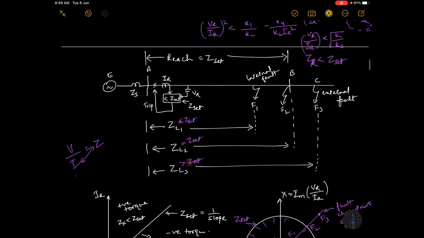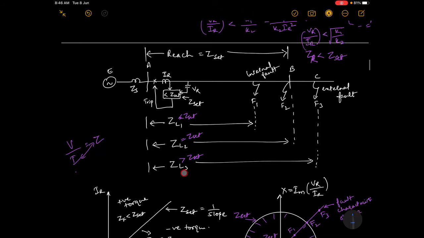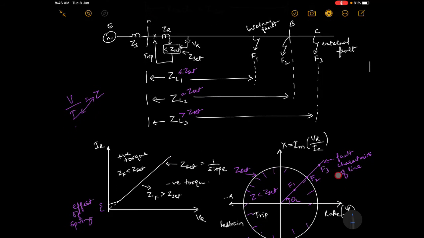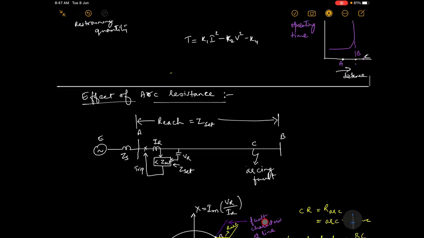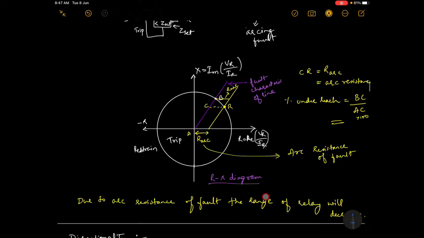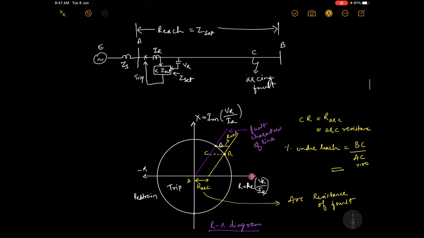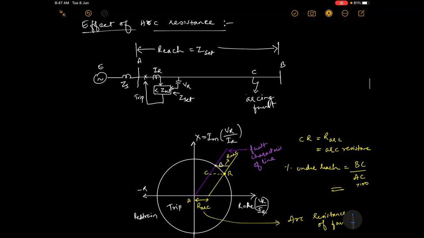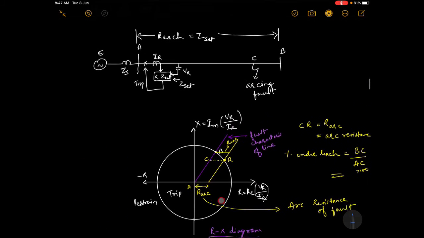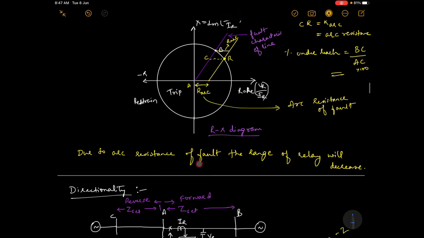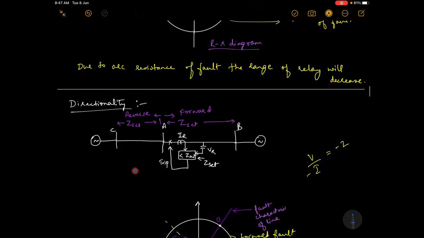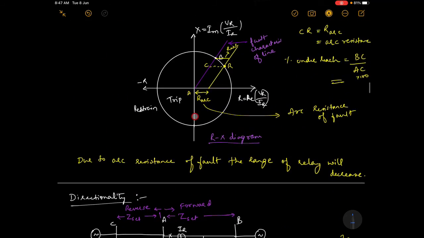And then we had seen this R-X diagram. Since I don't want to cover everything, there was an effect of arc resistance here. Compared to the Moore relay the effect is less here. In the Moore relay the effect of arc resistance is more. And there was no directionality property here.